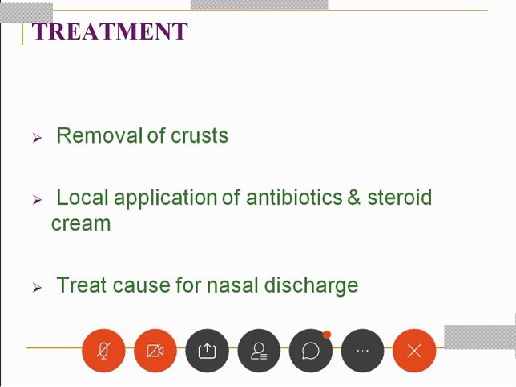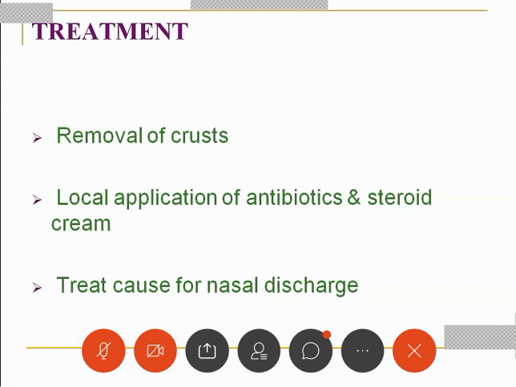Treatment: if it is acute vestibulitis, once again, just like furunculosis, you can go for routine antibiotic treatment and regular cleaning. If it is chronic, with particular crust formation and all, removal of the crust, local application of antibiotic and steroid cream.